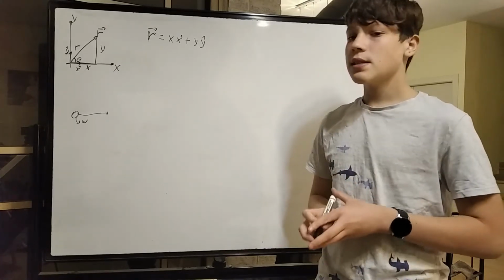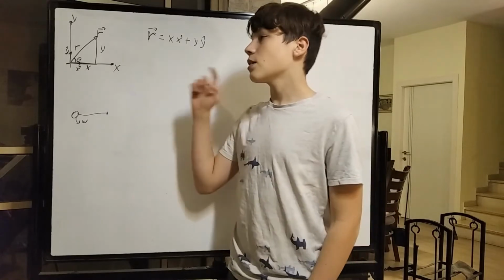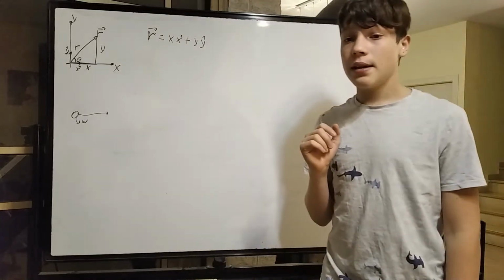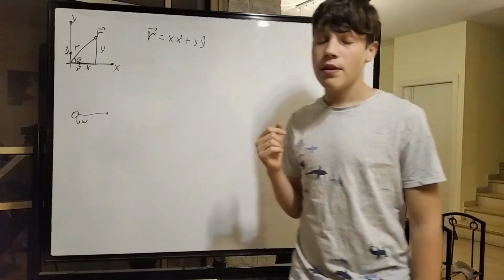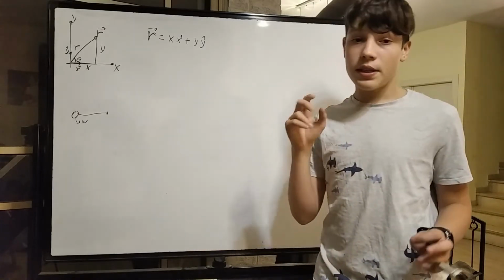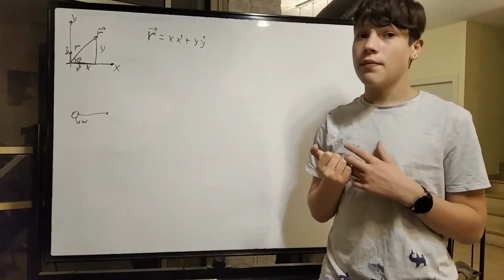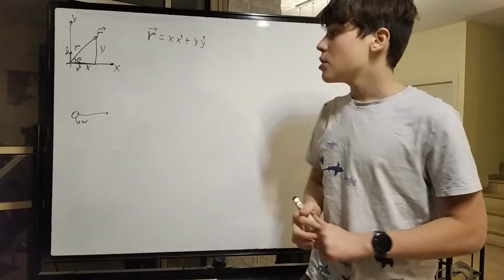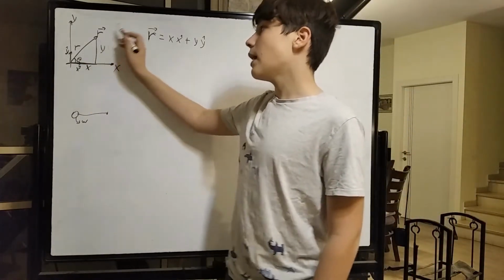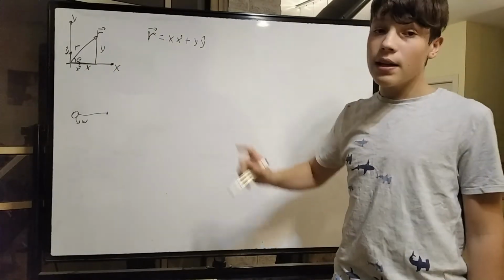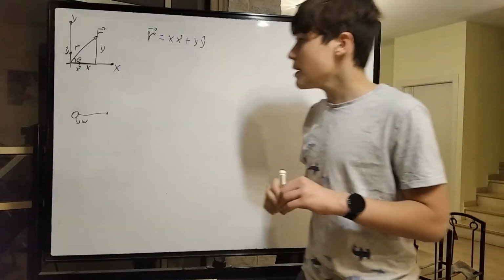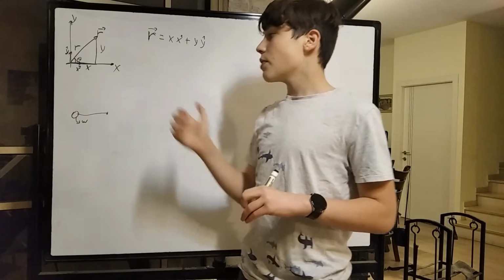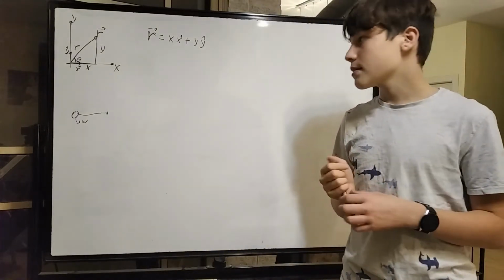Polar coordinates, instead of looking along the x-axis and y-axis, represent the vector in the sort of obvious way: its length and its angle. So r is the length of the vector, theta is the angle the vector makes with the positive direction of the x-axis.